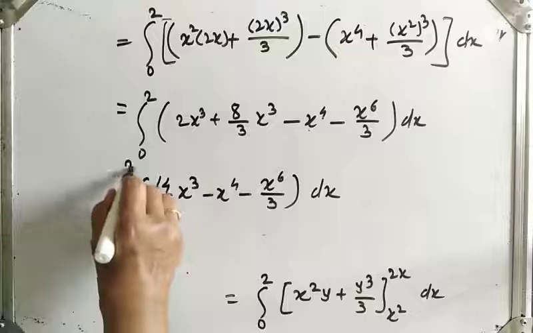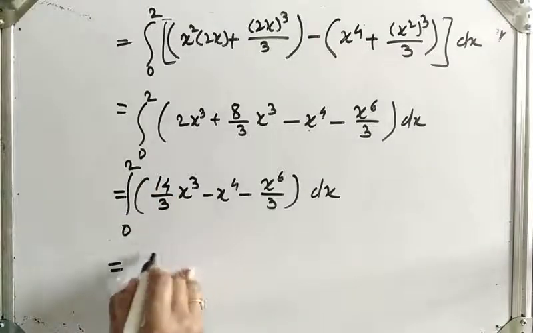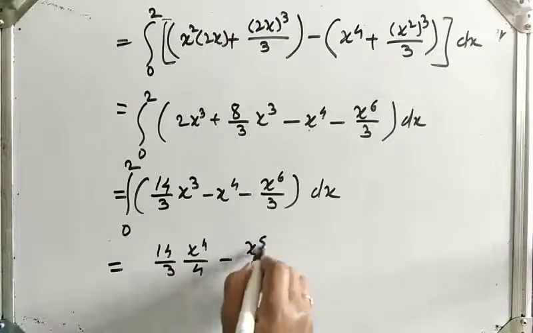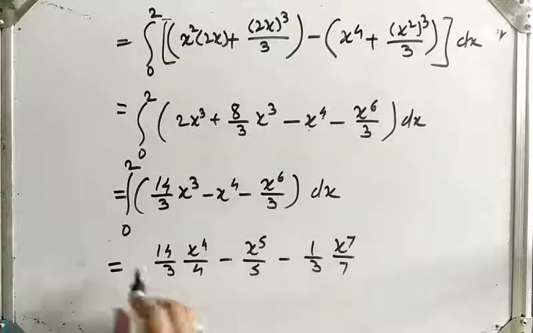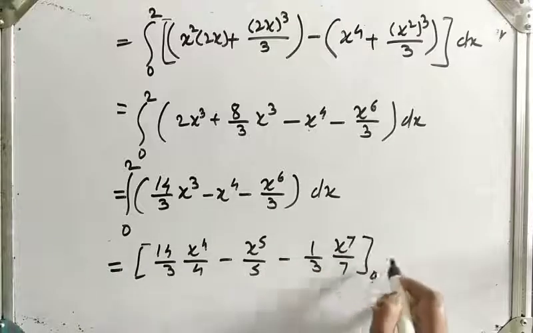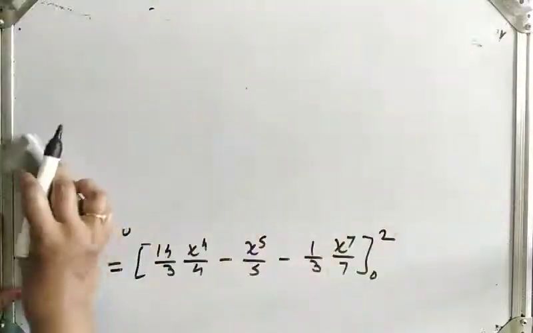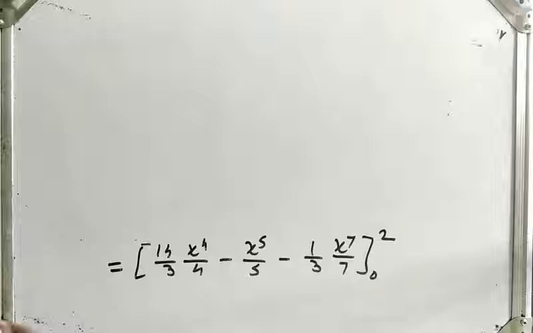Integration from 0 to 2. Now integrate with respect to x: 14 upon 3 x raised to 4 upon 4 minus x raised to 5 upon 5 minus 1 upon 3 x raised to 7 upon 7 with limits 0 to 2. What is the next step? The last step is to apply limits. After applying limits, what do we get?